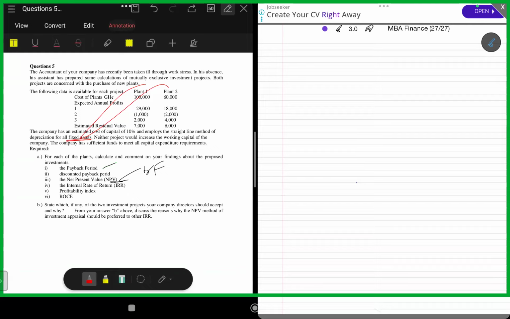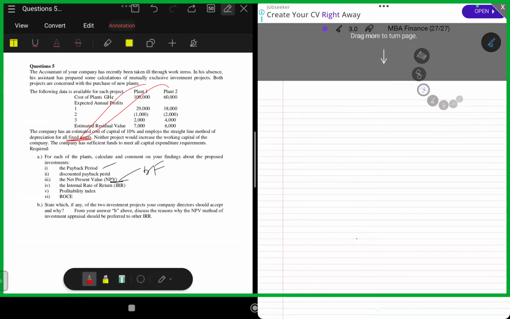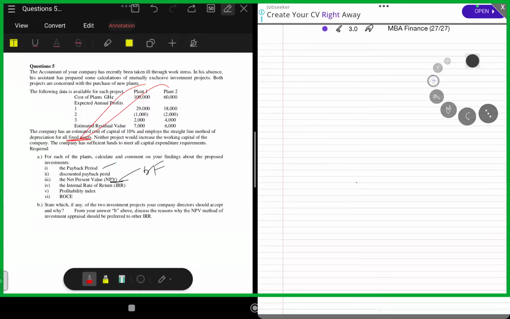Okay? Okay. Neither project would increase the working capital of the company. The company has sufficient funds to meet all capital expenditure requirements for each of the plants. Okay. So what I said in essence was that here the question has given us information relating to annual profits, estimated residual value, depreciation.